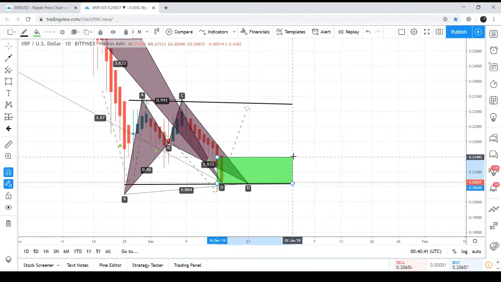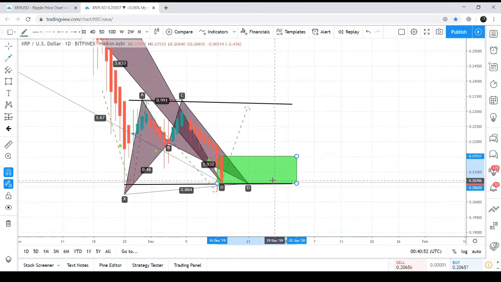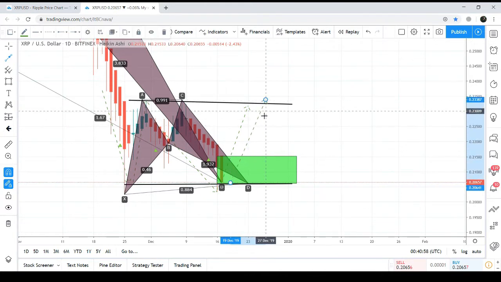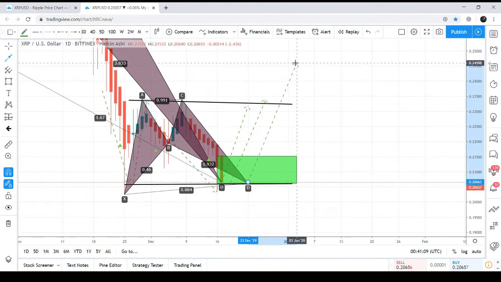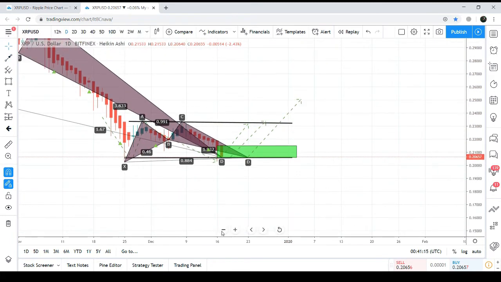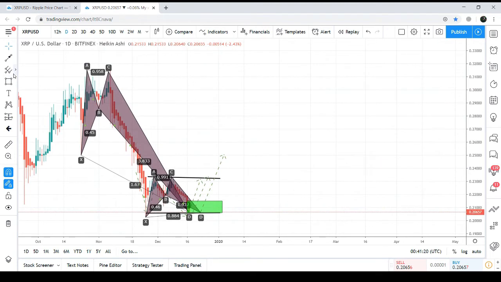Now we can have two pushes, the bullish divergences. The first bullish divergence can start from here, within the potential reversal zone of this bullish bat pattern. And the second, larger and bigger bullish divergence will be the potential reversal zone of the bigger bullish crab pattern, which will take the price action up to the 0.382 Fibonacci of this A to D leg.